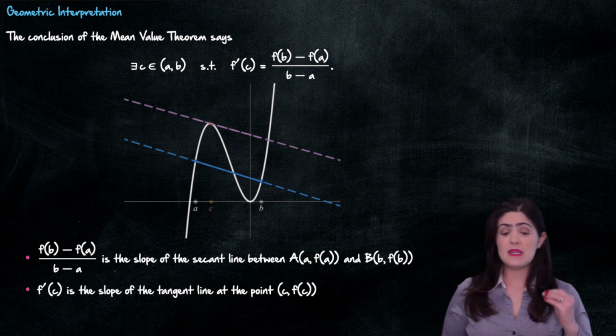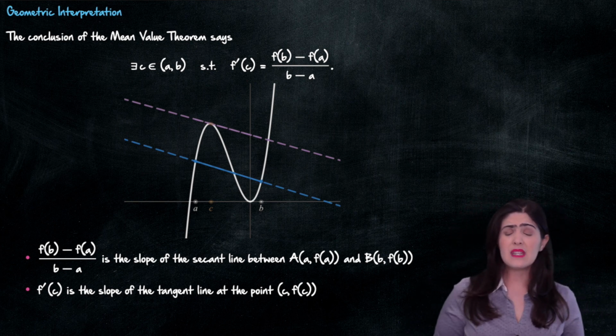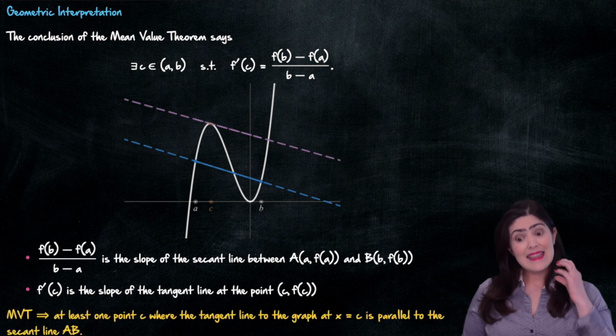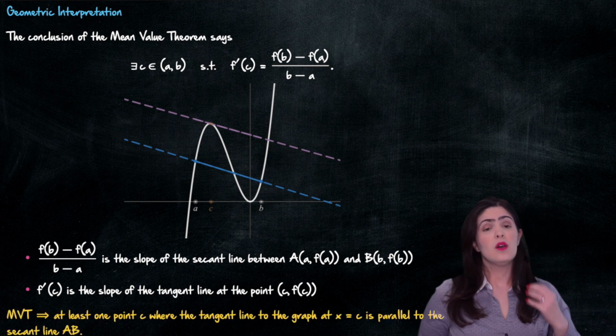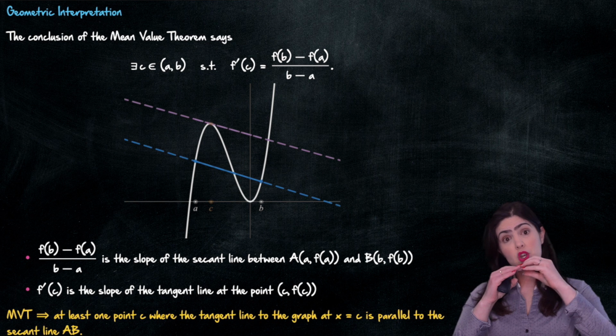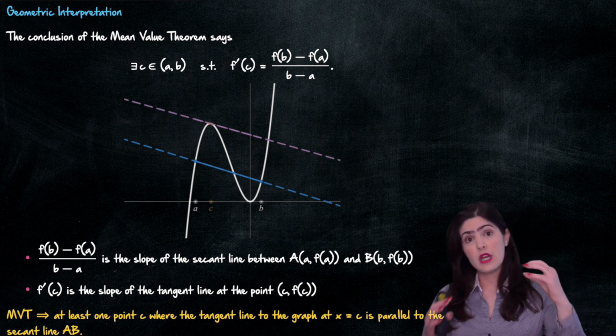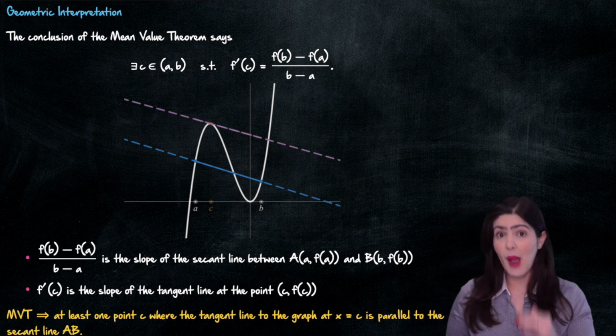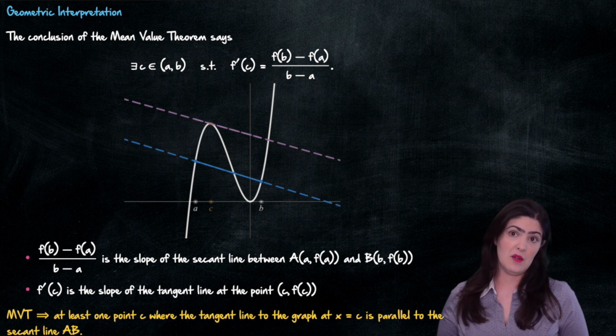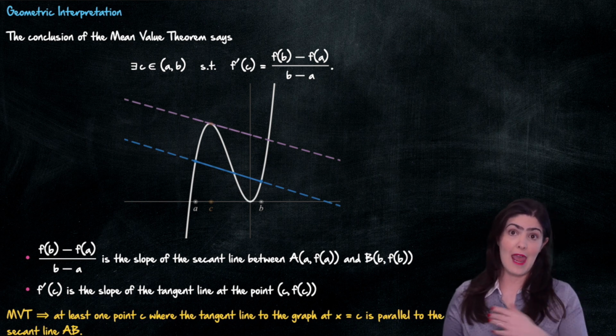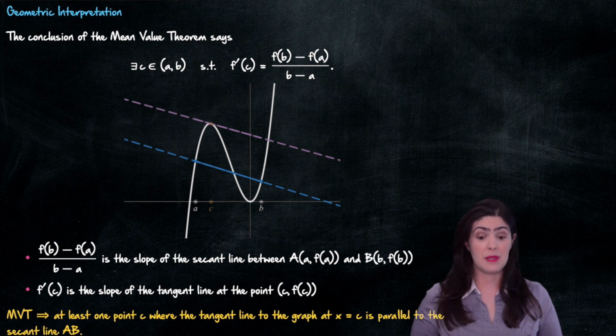So what this theorem is telling me is that at at least one point c, the tangent line to the graph at that point is parallel to the secant line passing through the points (a, f(a)) and (b, f(b)).